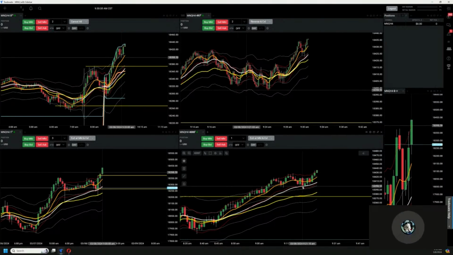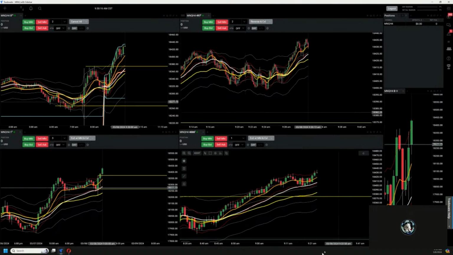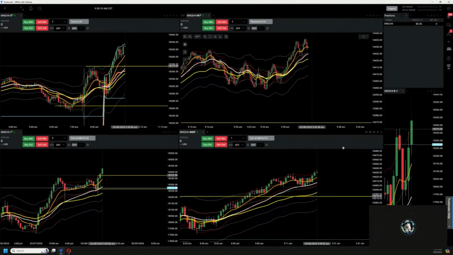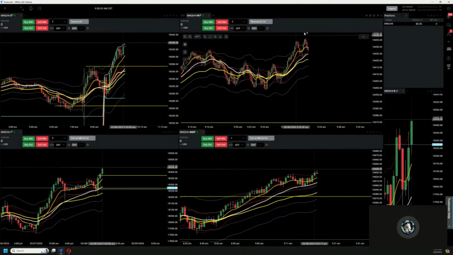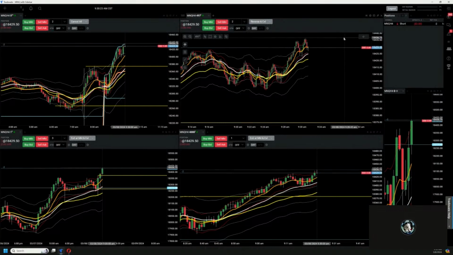That M24 test on chart 4 was really the key trade there. All right, we've got the opening range developed. Order filled.